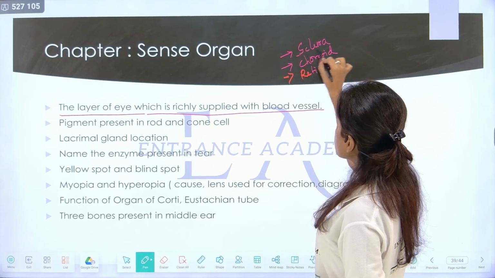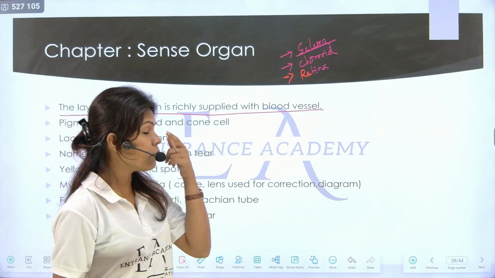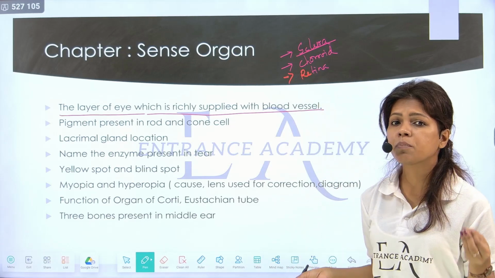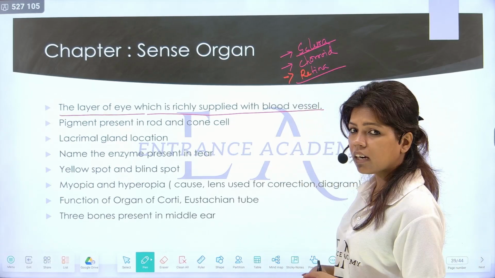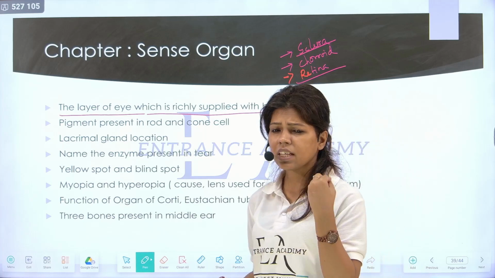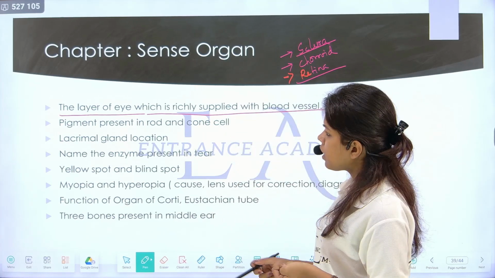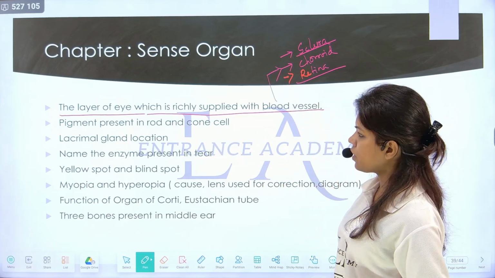The outermost layer sclera provides protection to the eye. The middle layer choroid is richly supplied with blood vessels which provide nutrition to the eye. And the innermost layer retina contains the photosensitive cells like rod cells and cone cells. So the layer of eye which is richly supplied with blood vessels is choroid.